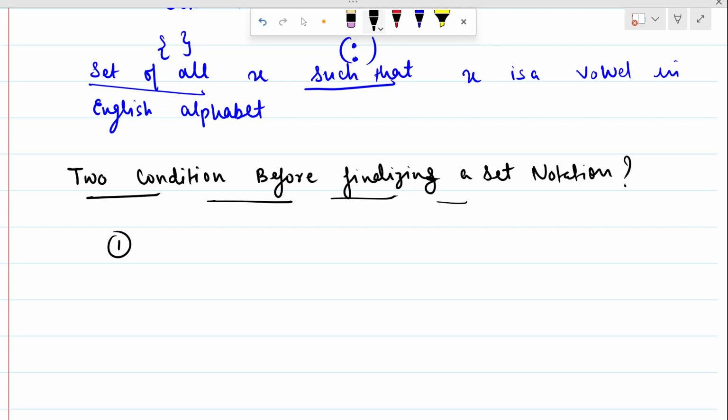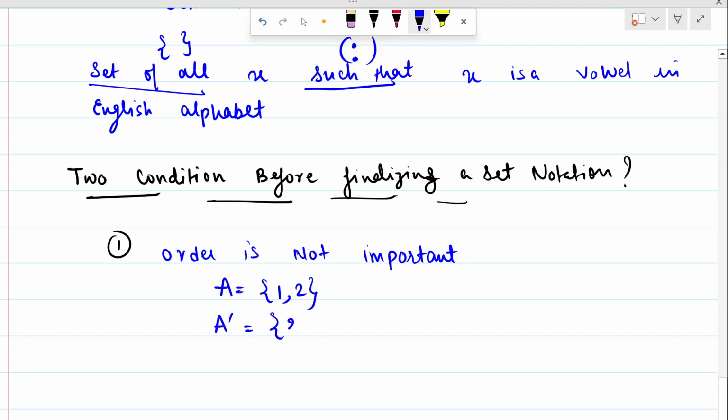First, order is not important. That is, if A is 1 comma 2 and A dash is 2 comma 1, then A is equal to A dash. So here order is not important.